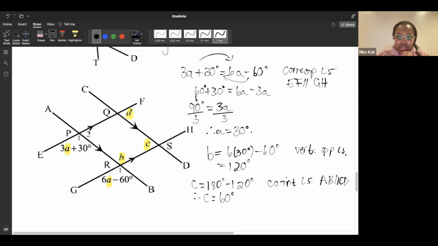Let's see. Fatima. I'm asking a question. No problem. It's about B. Why did you guys put 6 and 60? Because, Fatima, can you see that B is vertically opposite to this one? Yes, I understand that. But you just solved for A, didn't you?